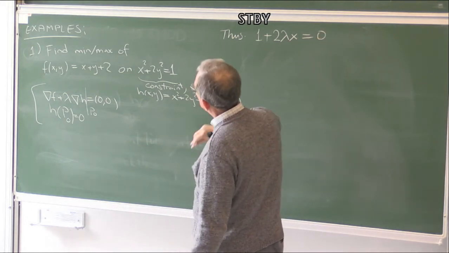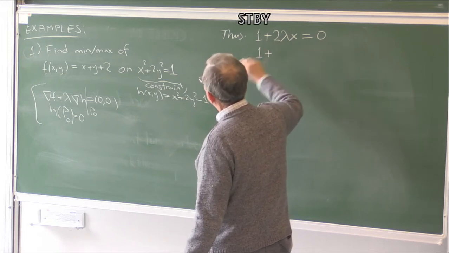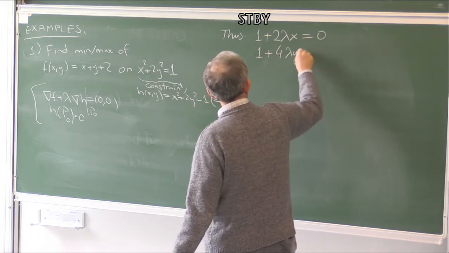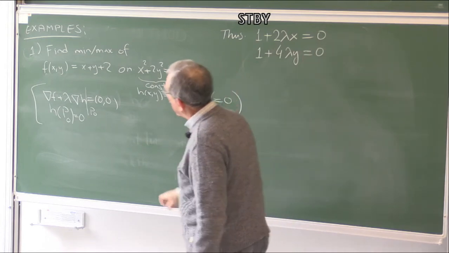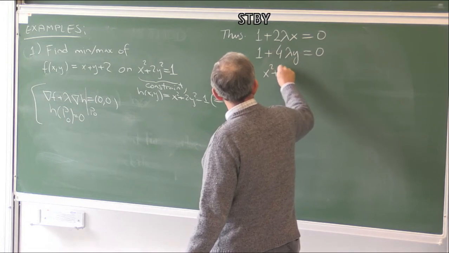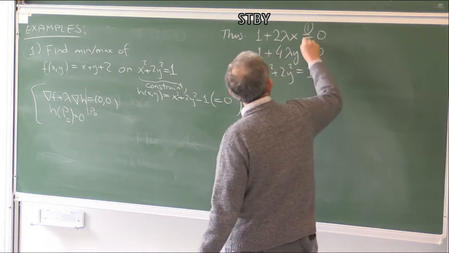The second one, the derivative with respect to y is 1, and here we have 4 lambda y, that will be 0. And h is 0, so x squared plus 2y squared is 1. So we have 3 equations.